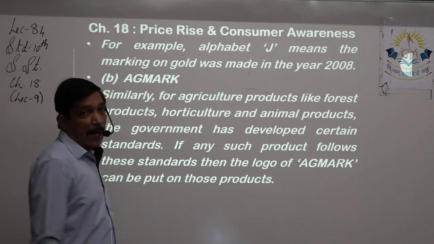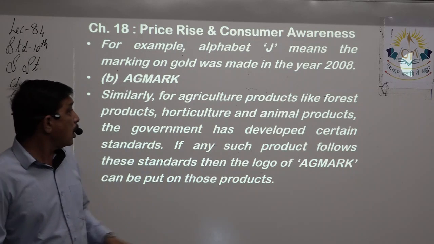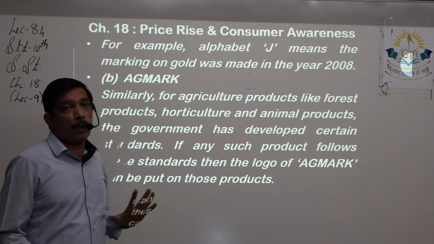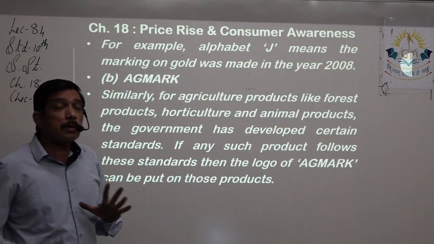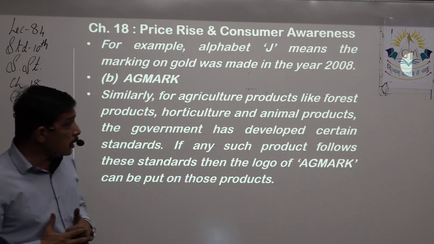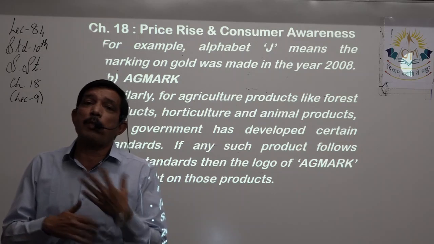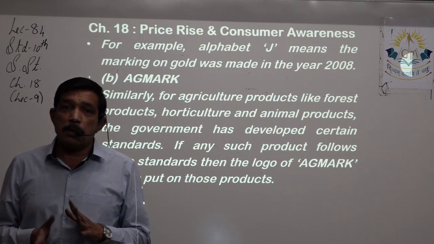Next, this was about the ISI mark or BIS mark. Now we come to Agmark. Similarly, agricultural products which have the standards described by the BIS will not be using BIS or ISI. Another type of mark is given because this is an agricultural product.